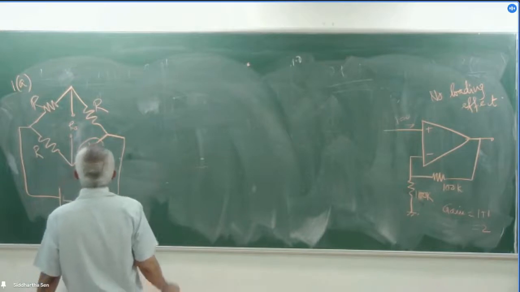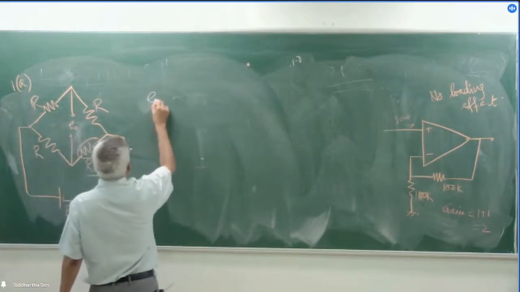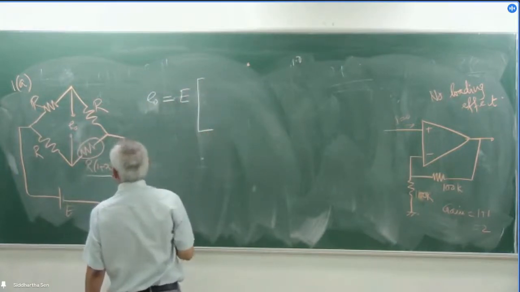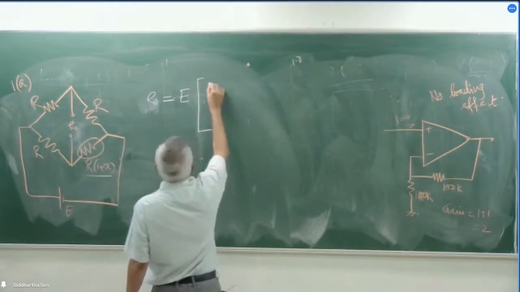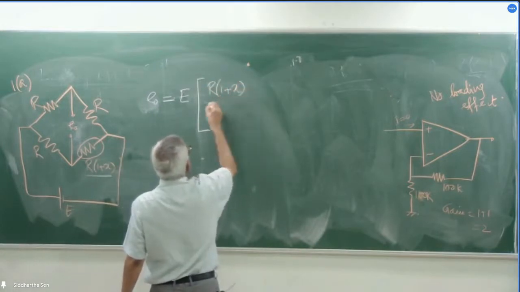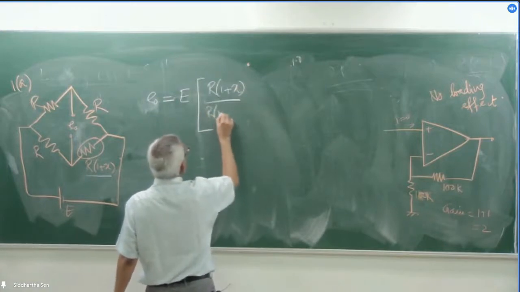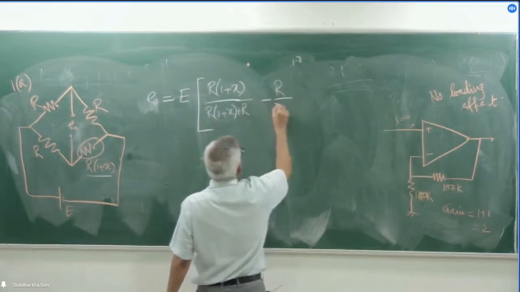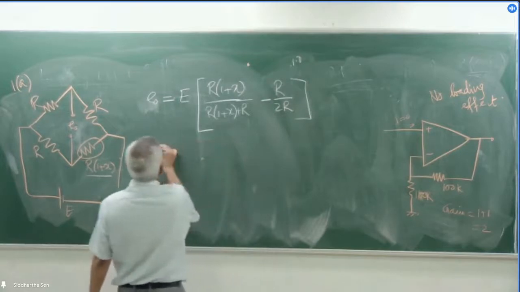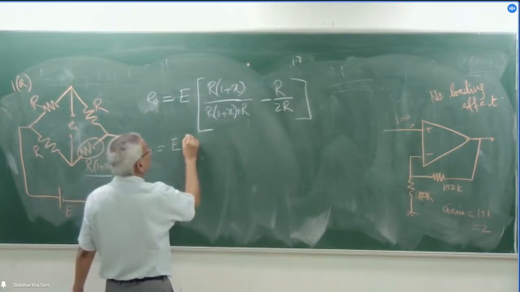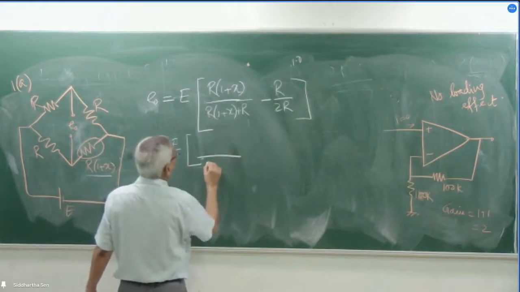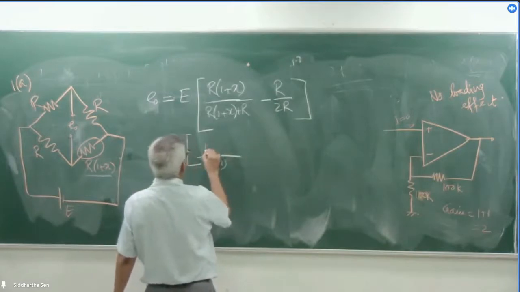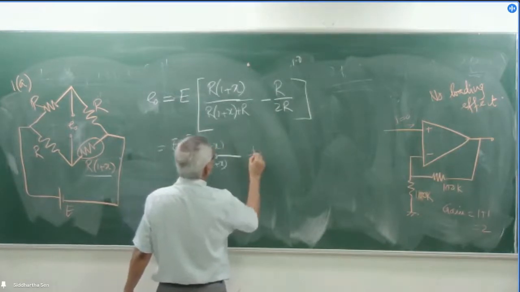So here also, if we solve it, it is like this: E0 is equal to E into R into 1 plus x divided by R into 1 plus x plus R, minus 1 divided by 2. So E0 is equal to E into, I can put it all over 2 plus x, and here it is 1 plus x minus half.